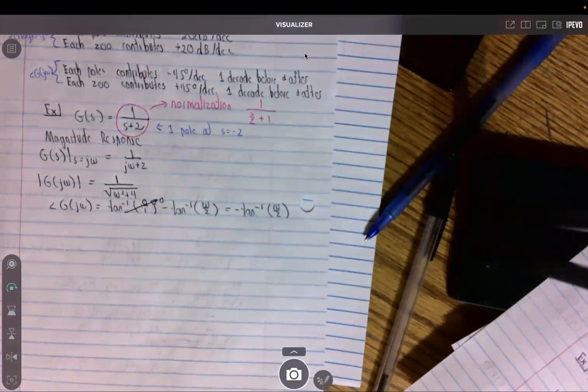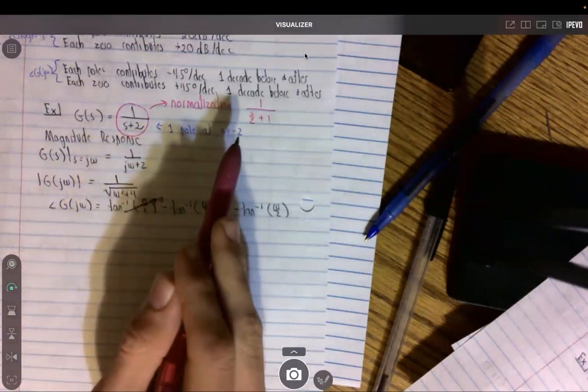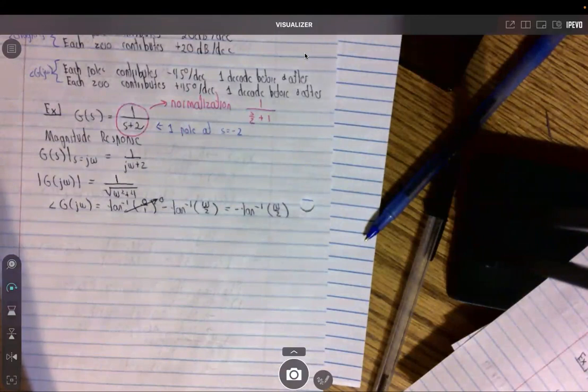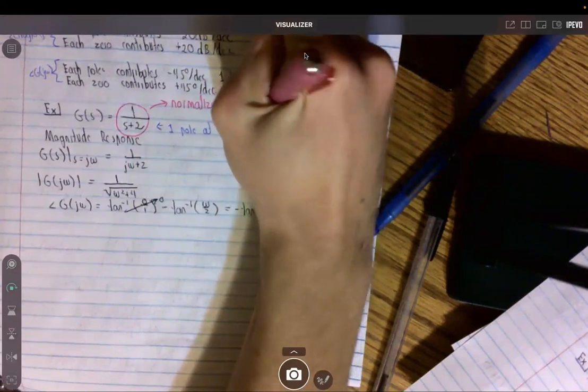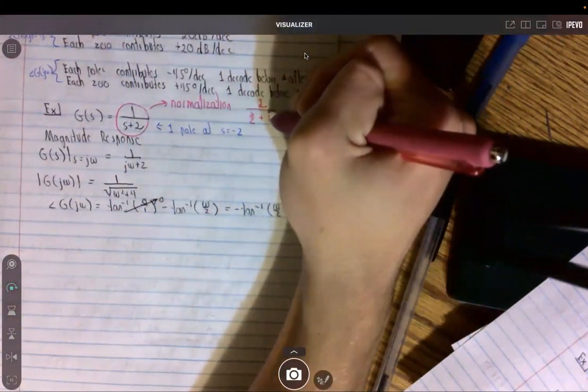Let me see real quick. If we multiply this by 1/2 over 1/2, yes, there should be a 2 in here in the numerator. So you get a plus 1 here.